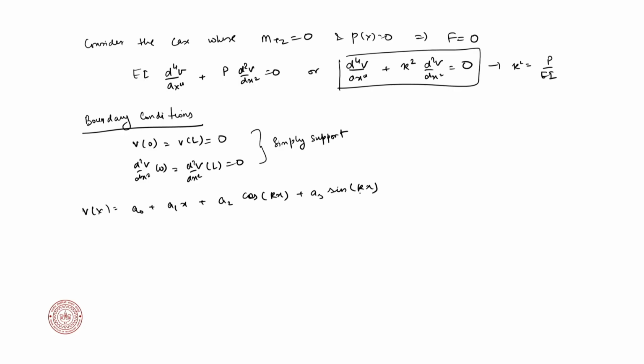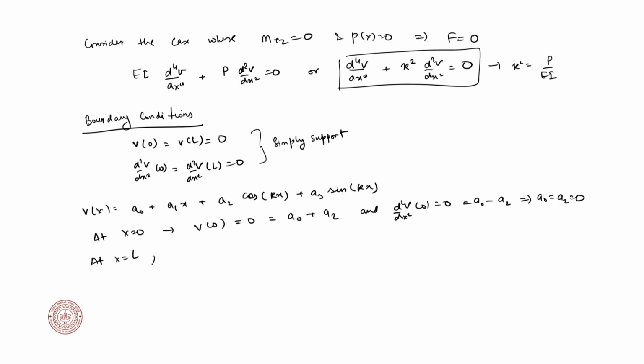Again, at x equals 0, we get v of 0 equals 0, that is a0 plus a2, and d2v/dx2 of 0 equals 0, that is a0 minus a2, which implies that a0 equals a2 equals 0. So, the 2 terms are gone. For the remaining 2 terms, we will do it at x equals L.